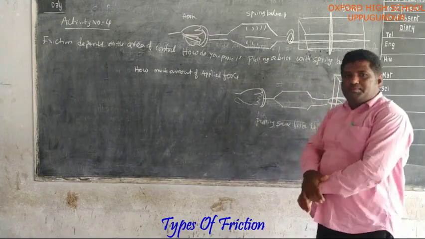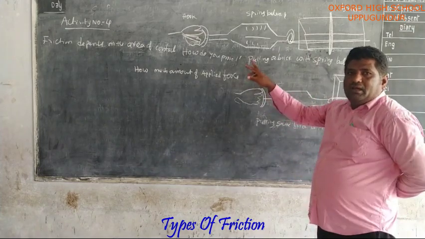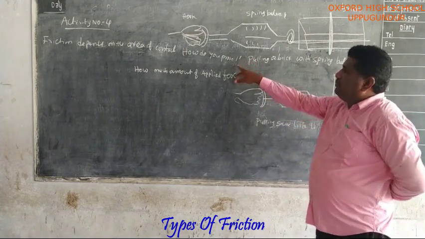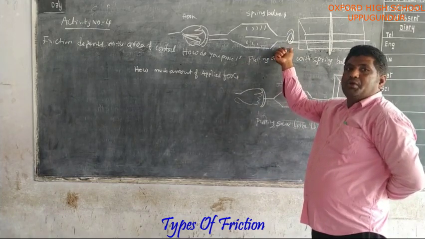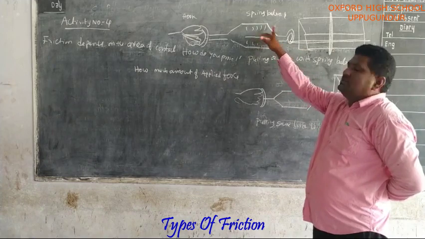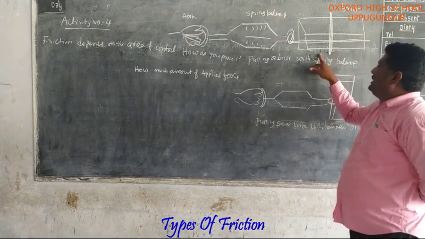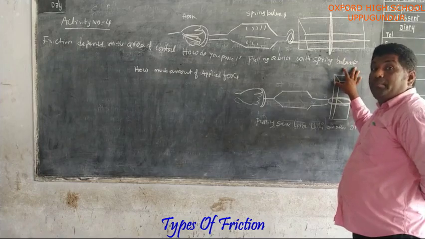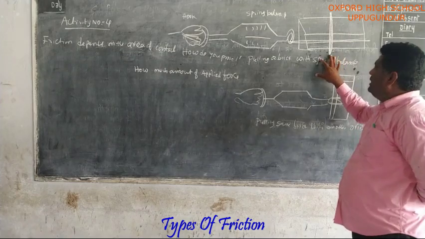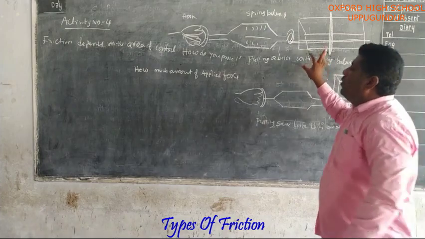Now do the experiment. Tie the string to the brick, gently pull with the spring balance and note the spring balance reading. Here the brick occupies more space, so the area is very large.